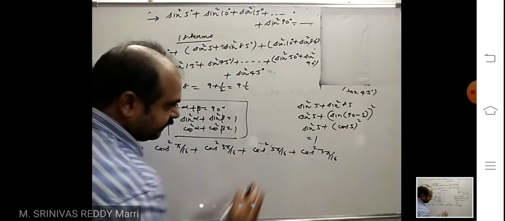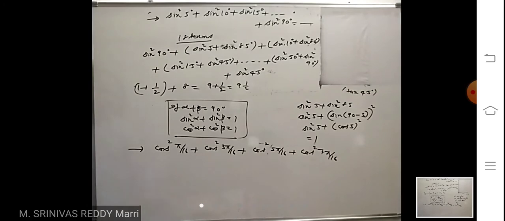Look at this is the one. Now if you observe, this is pi by 6. Search for complementary angles. This is pi by 16. Immediately you have to search for pi by 2 minus pi by 16.